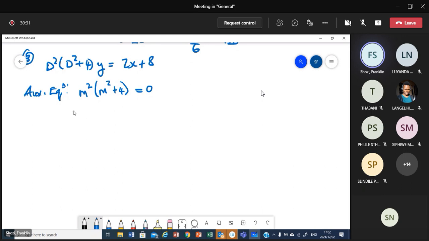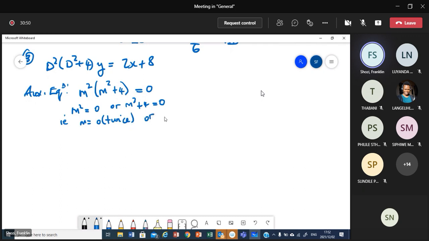Solve for m. Therefore, m squared is equal to 0, or m squared plus 4 is equal to 0. Therefore, m is equal to 0 twice, you can see it's repeated there.